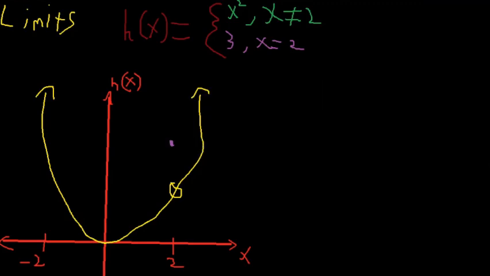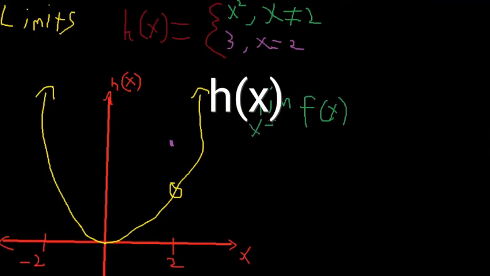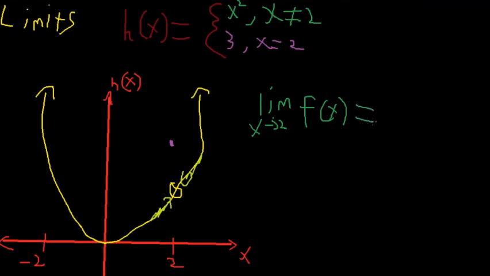But what if we wanted to find the limit of h of x as x approached 2? If we follow the function from before and after 2 toward the value of 2, even though h actually equals 3 when x equals 2, the function isn't going towards that value of 3.